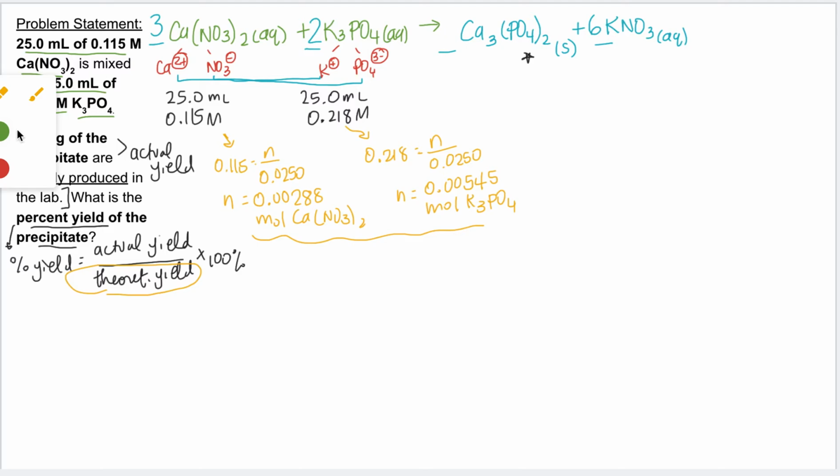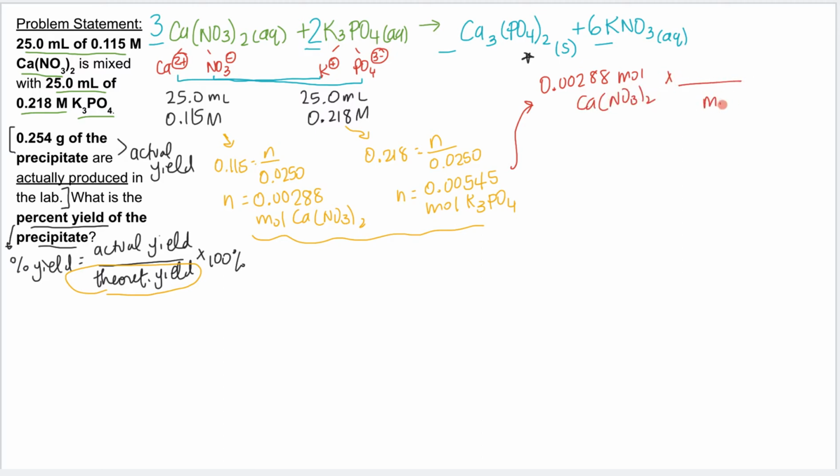So I'm going to take our calculations over here towards the right side. I'm going to come up here. So I'm going to just choose the first reactant that was listed, the moles of calcium nitrate. So let's take the 0.00288 moles of calcium nitrate, and let's set up a mole to mole ratio between the moles of calcium nitrate and the moles of the other reactant, which is the potassium phosphate. We'll use the coefficients.